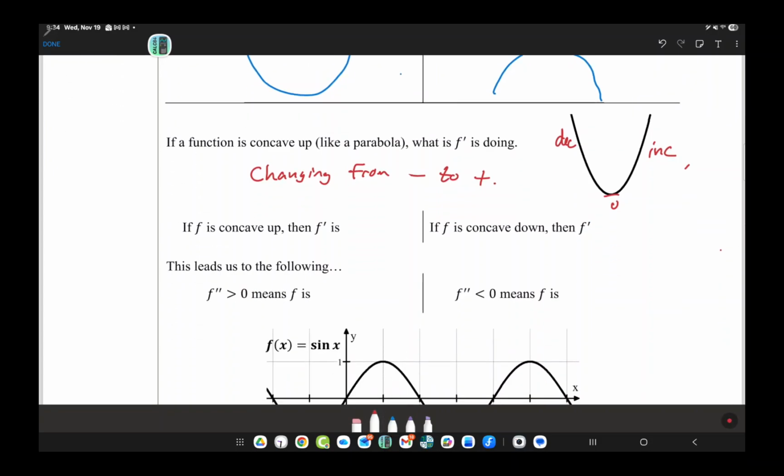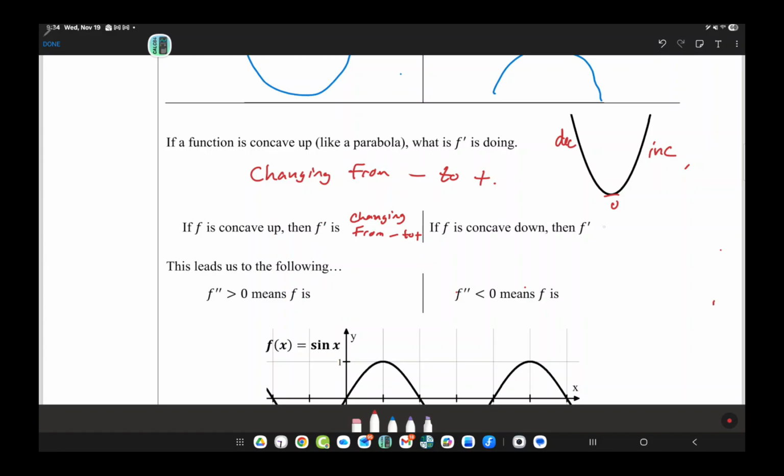If f is concave up, then f prime is again changing from decreasing to increasing, or negative to positive.